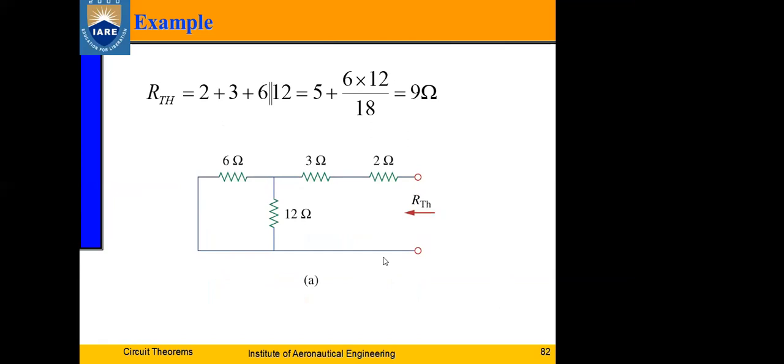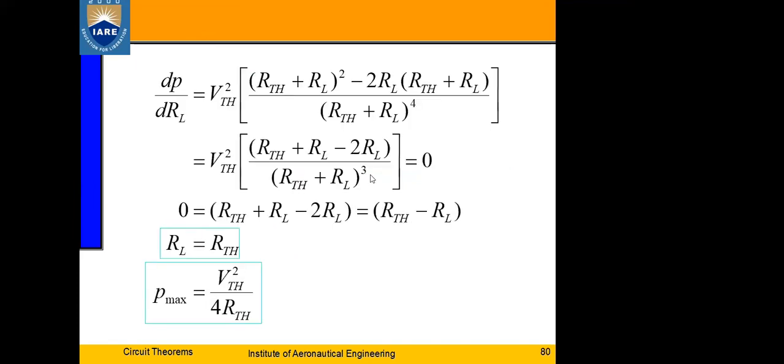This current measurement block: if you connect this I to this display, together they will act as an ammeter. These names also you can change, this current I. So this current measurement along with the display.